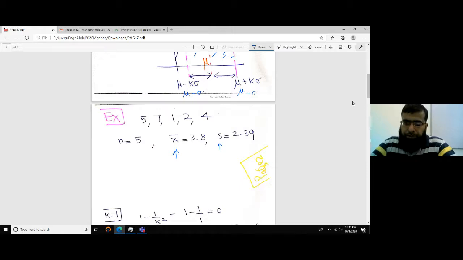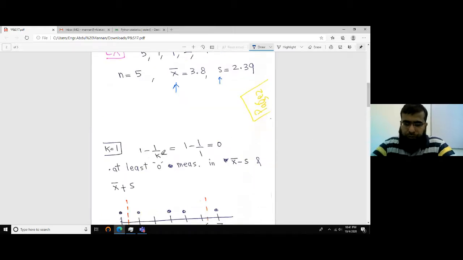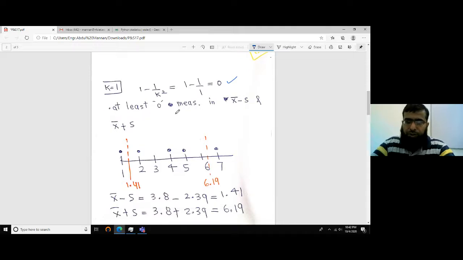Let's check it for k equal to 1. If you put k equal to 1, it is 1 minus 1 over 1, which is 0. This means we should have at least 0 measurements in x bar minus s and x bar plus s, because k is 1, so 1 times s is s.